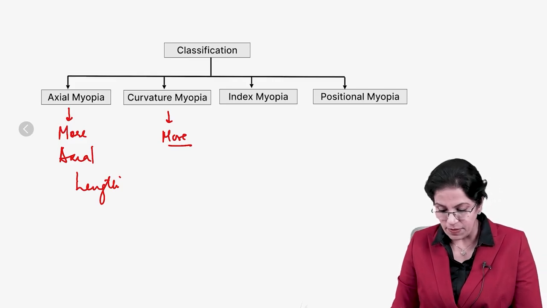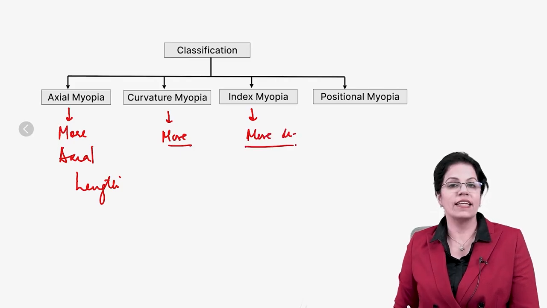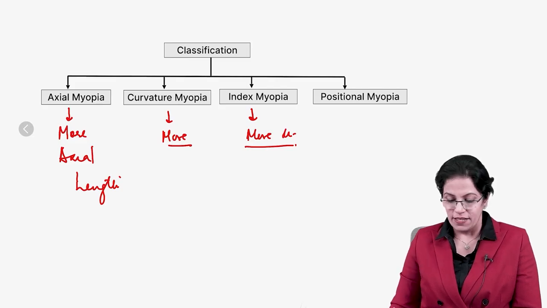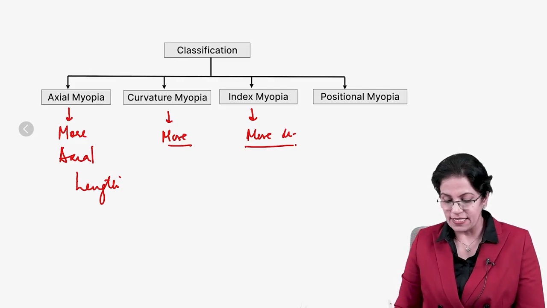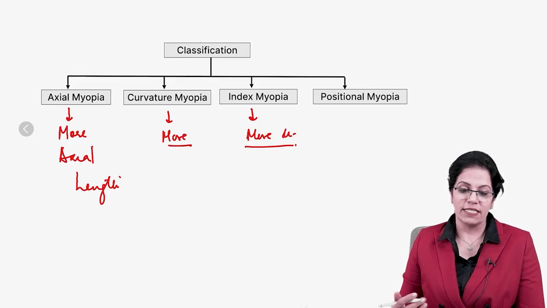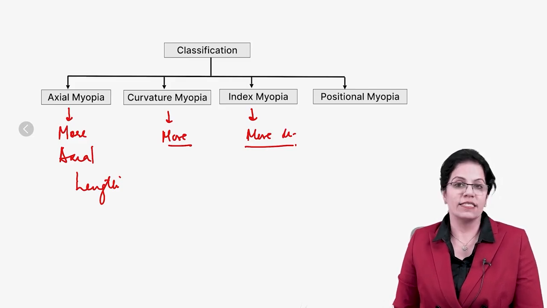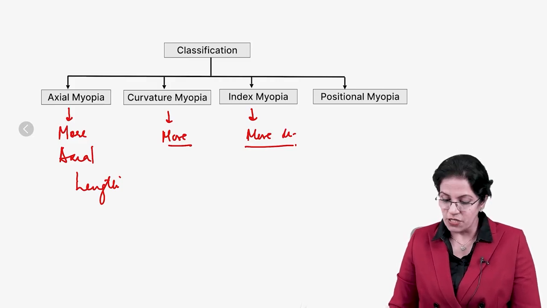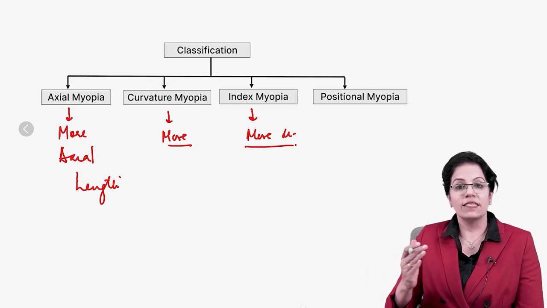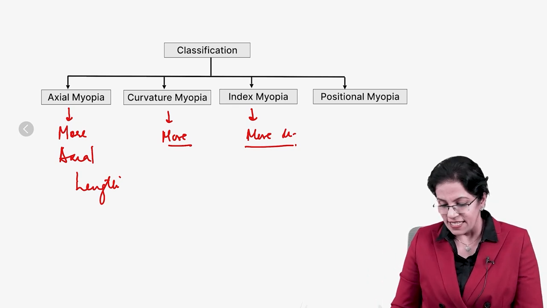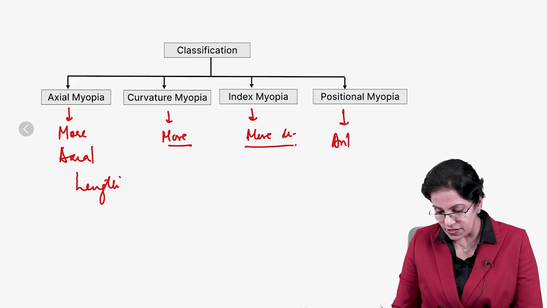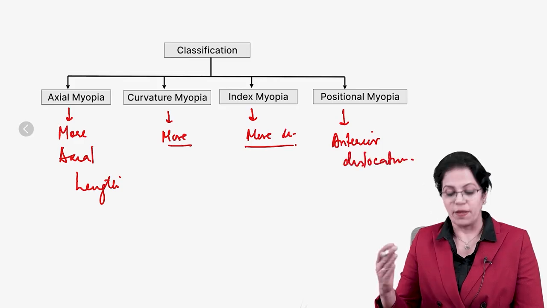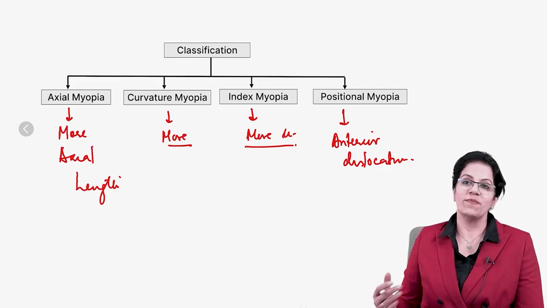Then index myopia is due to more refractive index, mainly of the lens. And positional myopia means when the lens is dislocated more anteriorly, then anterior dislocation is going to lead to positional myopia. So these are the 4 types of classification, how you can classify myopia.